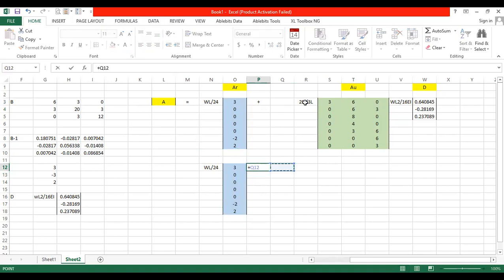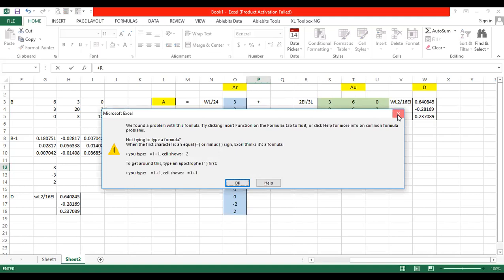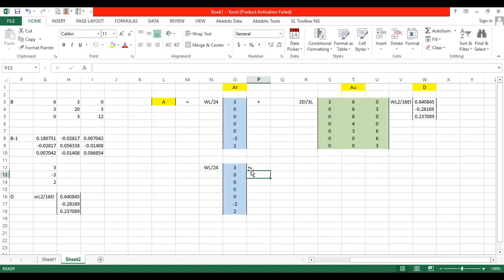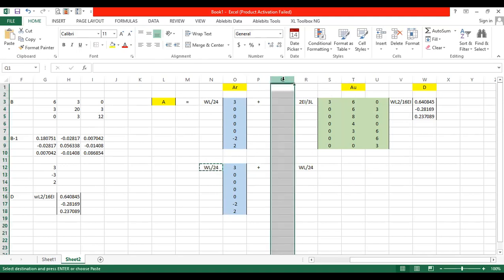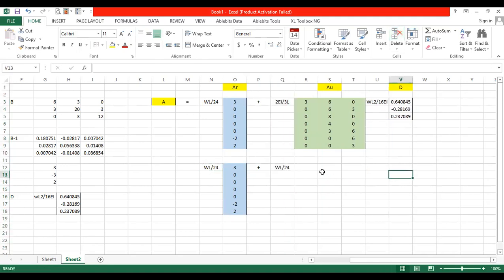Plus, if you multiply these two, it is again WL over 24 EI, okay? Right, so you need to multiply these two. This is your answer.